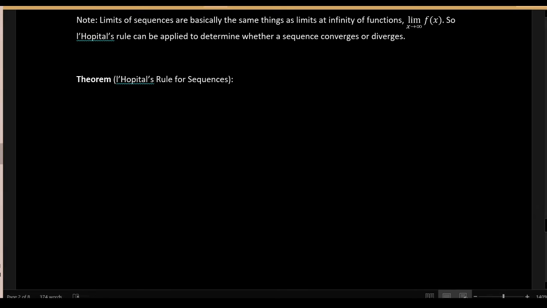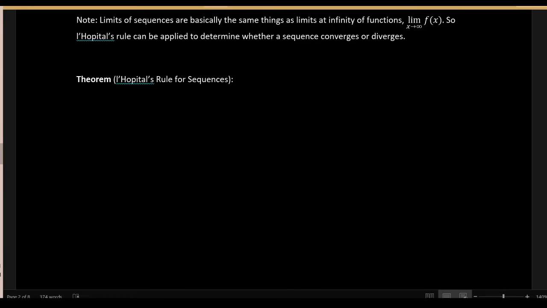We basically have just been calculating good old-fashioned limits using the same techniques and thought processes that we used in Calc 1. Now in Calculus 1, we also had a rule that could help us determine the limit of something like a fraction. And that same rule can be used here, the so-called L'Hopital's rule.